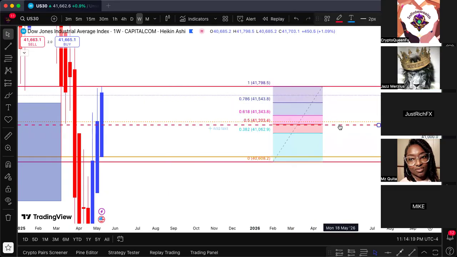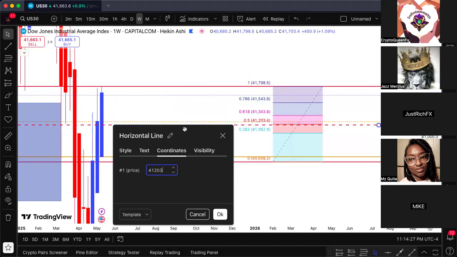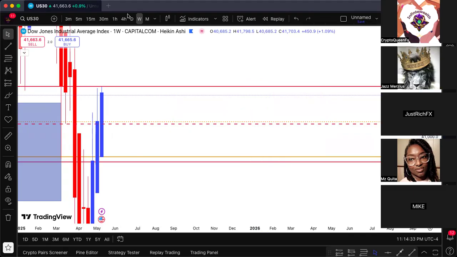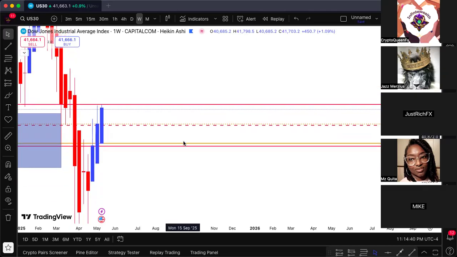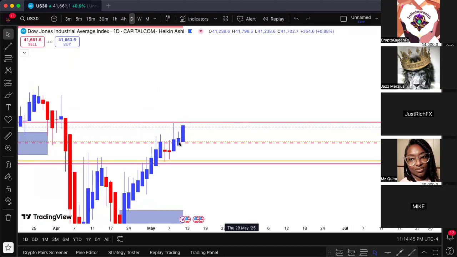So my mid month is 41,203. So this is how your weekly should look for US 30. And we got the day opening up above the midweek.